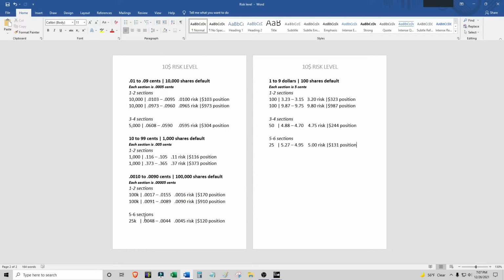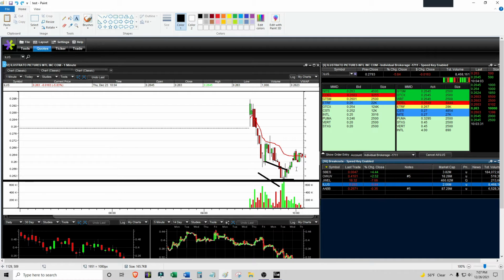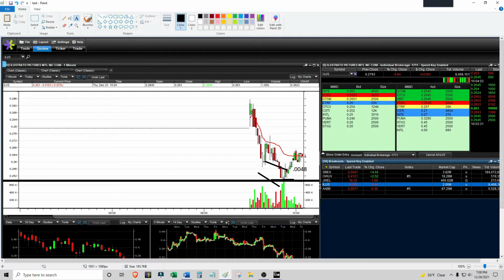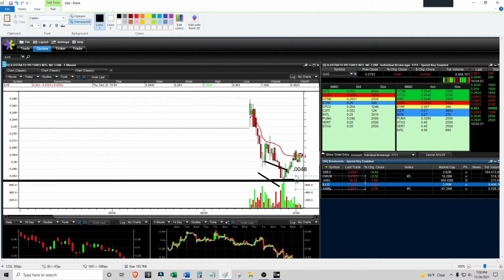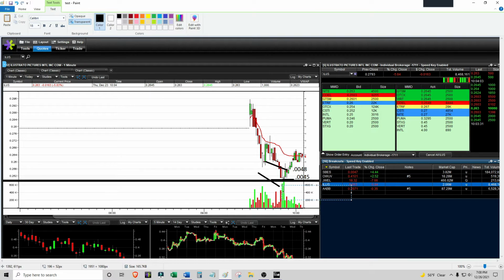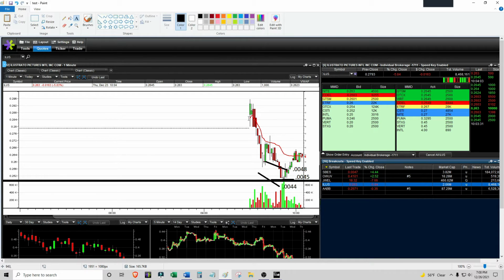Let's do one that's 5 to 6 sections, 48 and 45 is the risk level. $45, and then you're out at $44. This is a more realistic example. Again, not all sub pennies trade the same, but this is a bit more realistic.